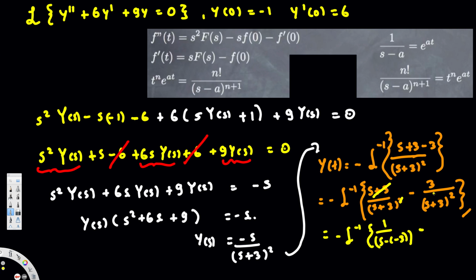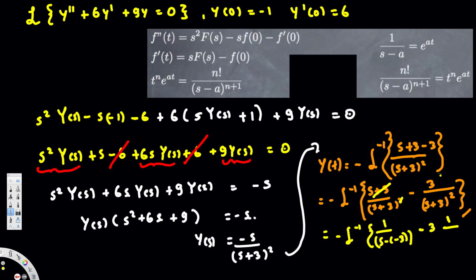For the second one, let's see, this is almost matching the pattern, s minus a to the n plus 1, right? We have to have the 1 in the numerator. Here we have power 2. To make this one 1, we can move this 3 to the front and just keep the 1 right here.